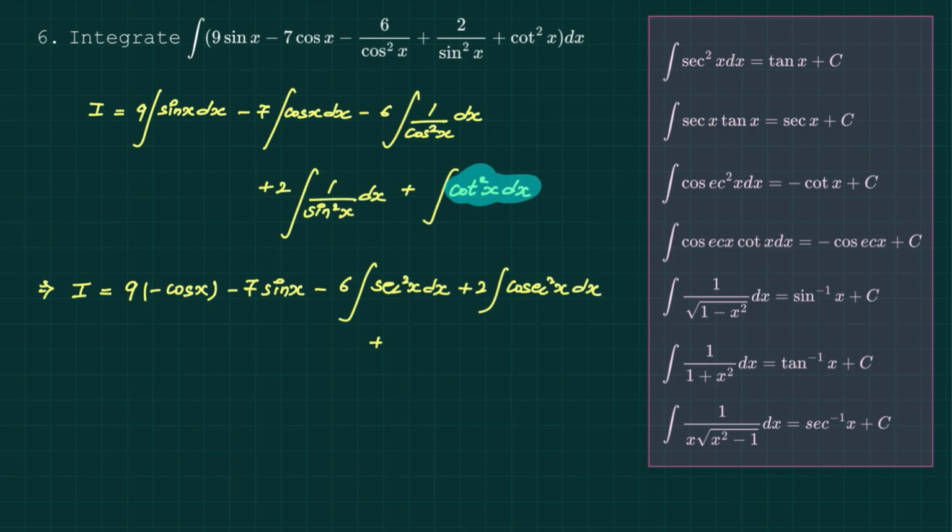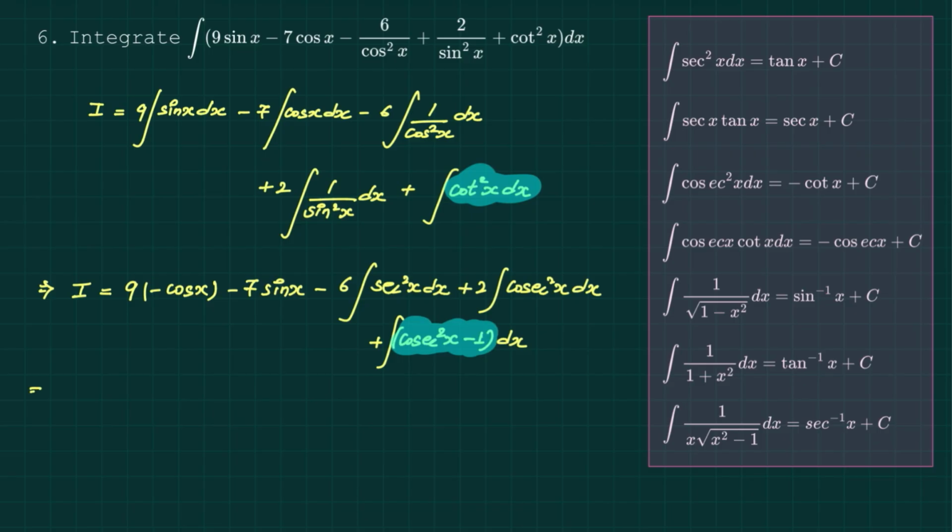So for that, let us replace cot square x with the identity cosec square x minus 1 dx. This is from the identity cosec square x minus cot square x equals 1, so I wrote cot square x as cosec square x minus 1.